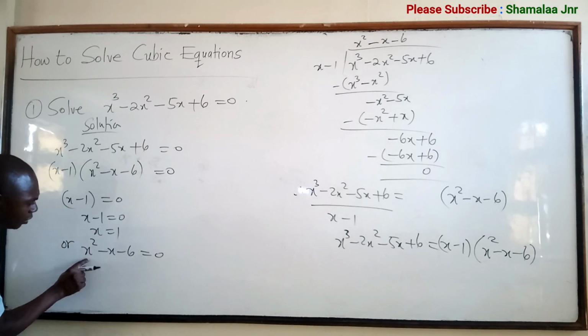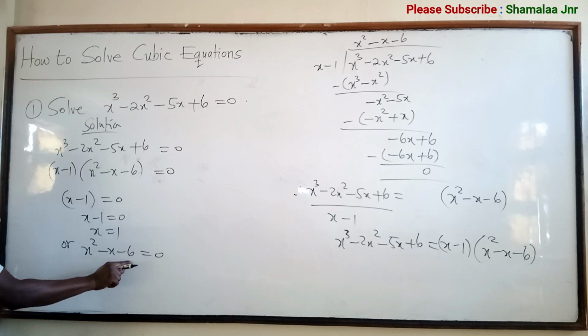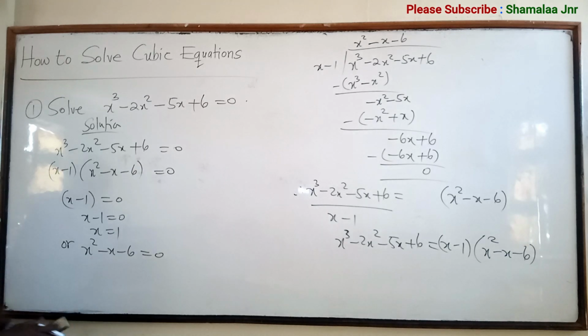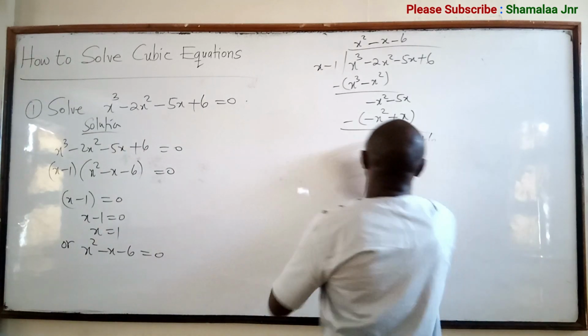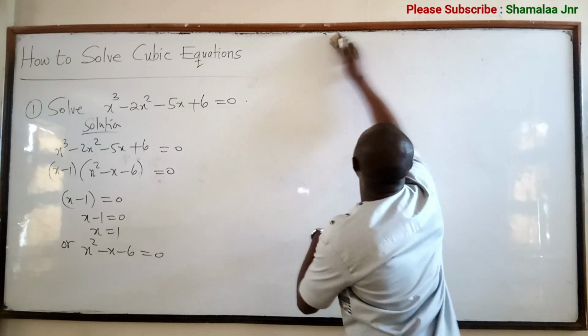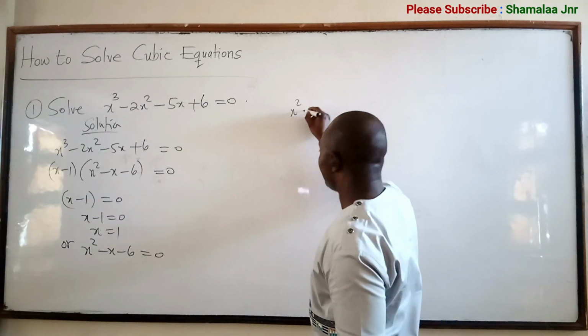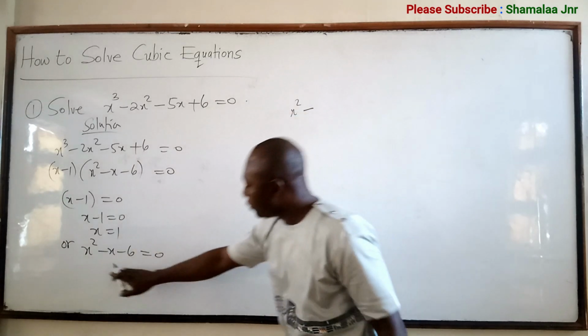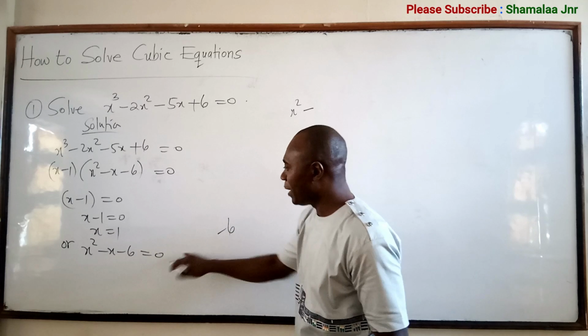Now, here, we need two numbers, which when multiplied will give us negative 6, but when added, will give us negative 1. So straight away, let me clean this side. So this now will be x squared minus, so two numbers which when multiplied will give us negative 6, but when added will give us negative 1.